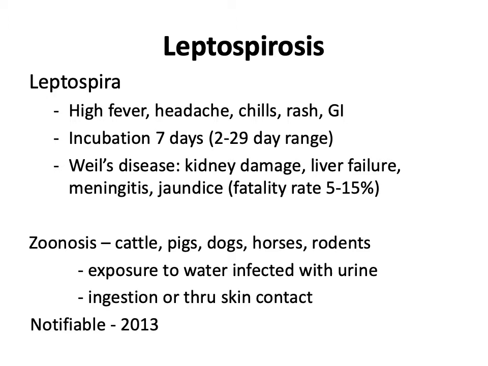This may happen by swallowing contaminated food or water, inhalation of aerosolized contaminated water, or through contact with broken skin. The disease is not known to be spread from person to person. Leptospirosis was made a notifiable disease in 2013 and is confirmed by laboratory testing of a blood or urine sample.